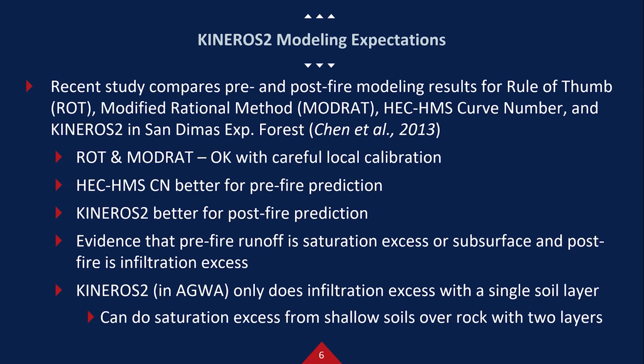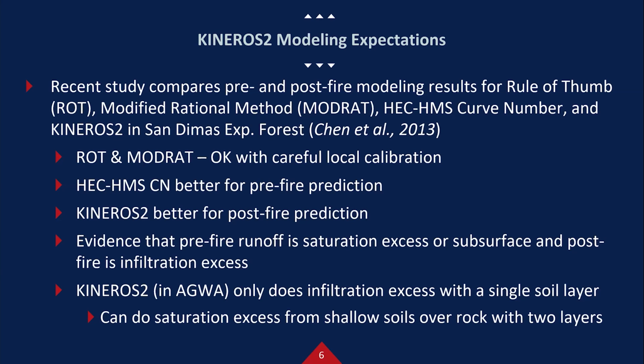So there was a recent study that compares pre and post-fire modeling results for four different methods. One is a rule of thumb, the ROT, which really has to be informed by local experts.